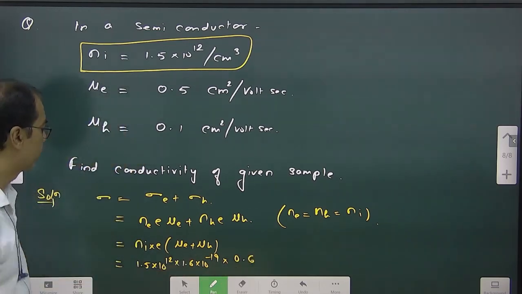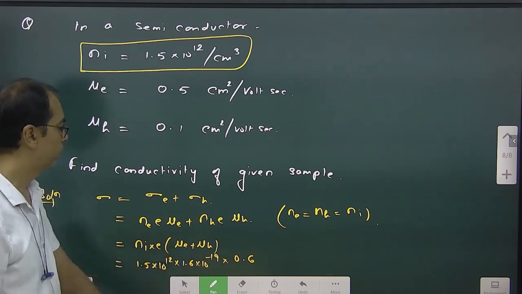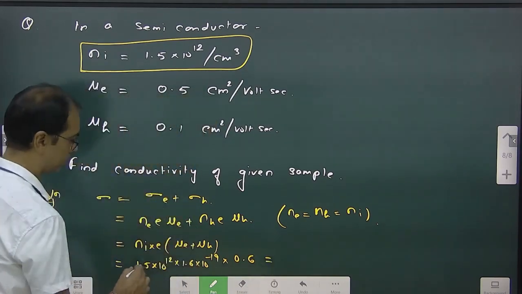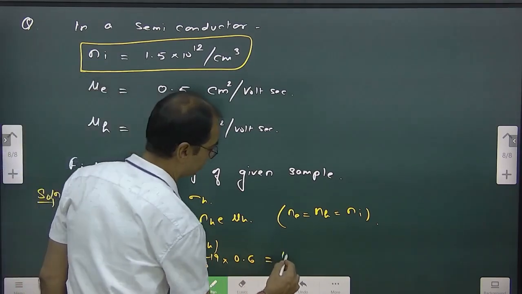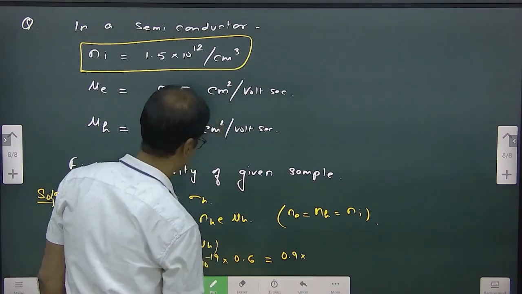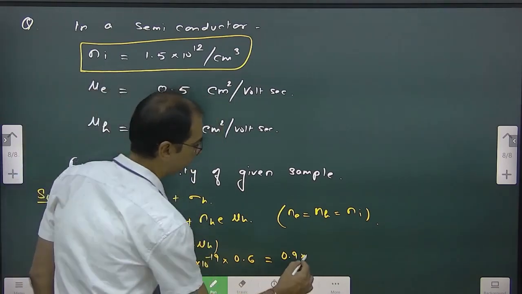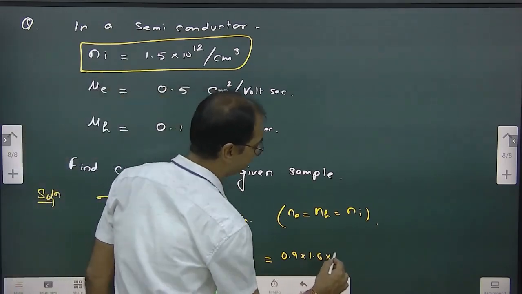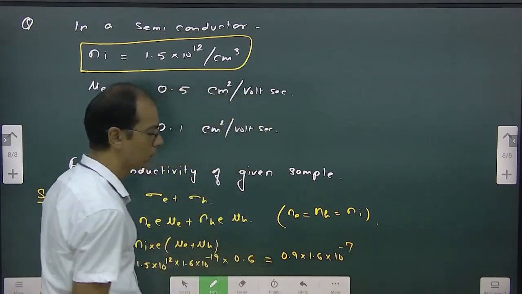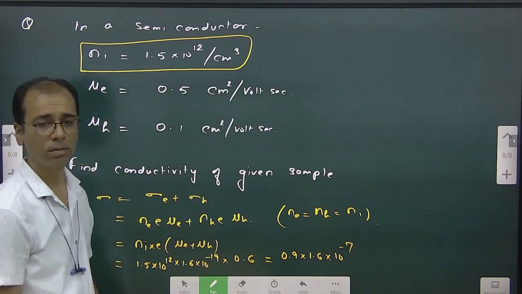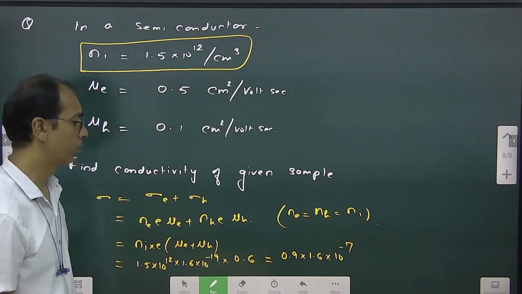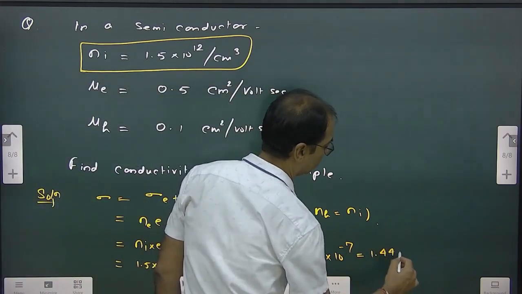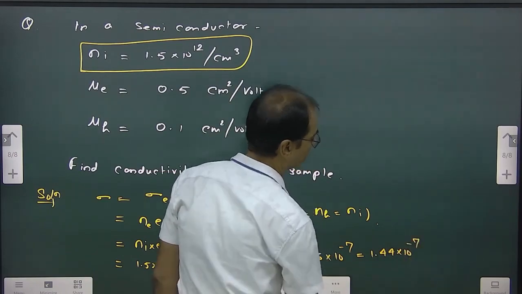So this is 10 to the power minus 7. 1.5 into 0.6 means 0.9. 0.9 into 1.6 into 10 to the power minus 7. 1.6 into 0.9 is how much? I think 1.44. 1.44 into 10 to the power minus 7.